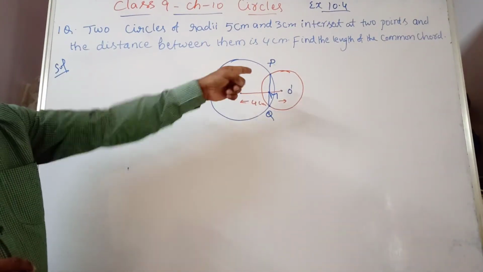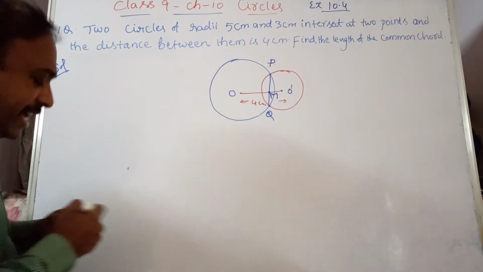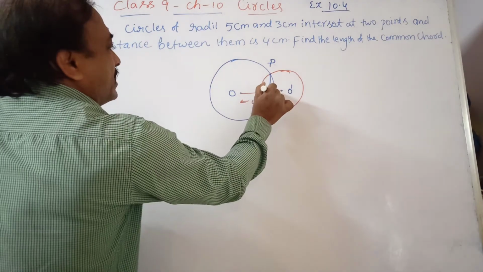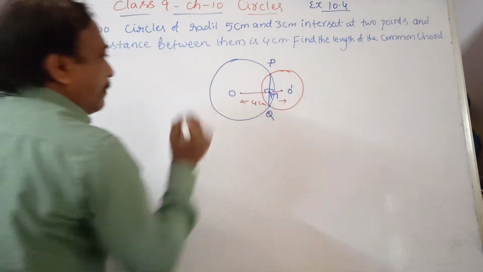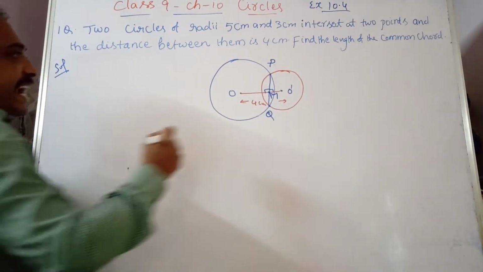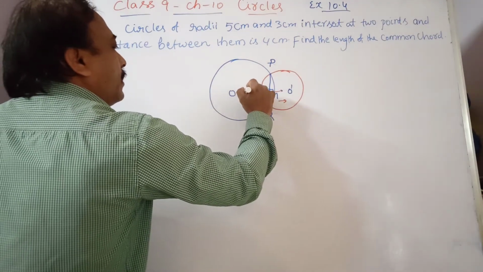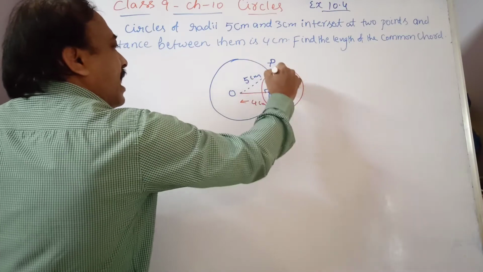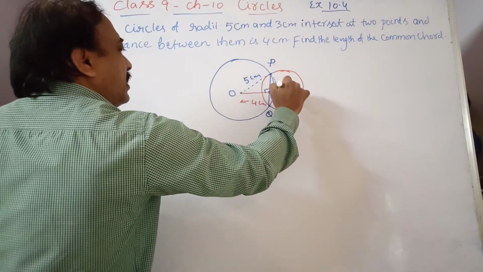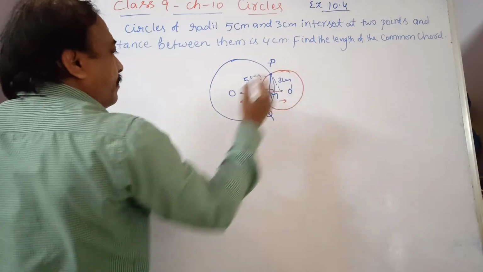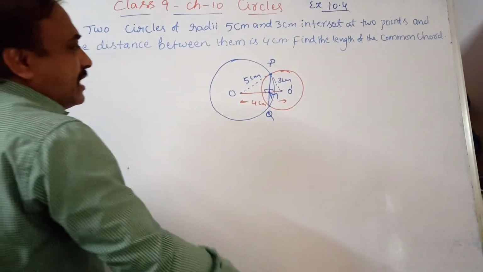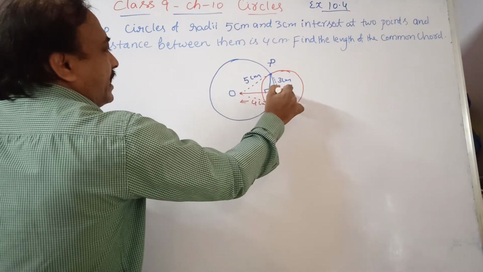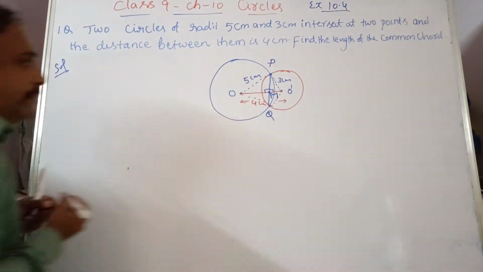PQ is the common chord, and this is perpendicular, as we know. Now radius OP is 5 centimeters and PO dash is 3 centimeters. Similarly, on this side also, the radius is 5 centimeters and this is 3 centimeters.